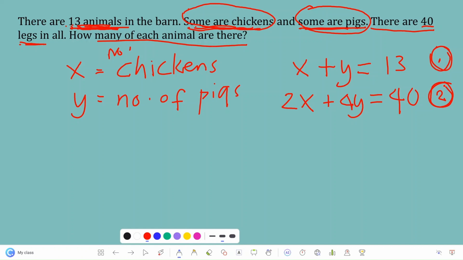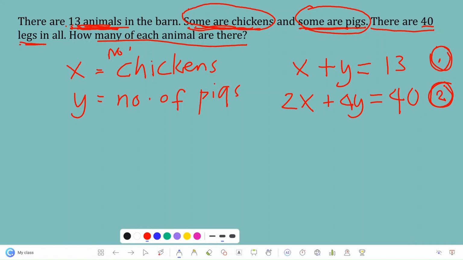Ngayon, kapag meron ka ng dalawang equation, the next thing for you to do is to find a number na kapag minultiply mo sa isa sa mga equations, ay pwede mo matanggal ang isang variable. Okay, so anong gagawin natin? Kapag minultiply natin sa negative 2 ang first equation, ay pwede natin silang i-add at matanggal natin ang 2x.